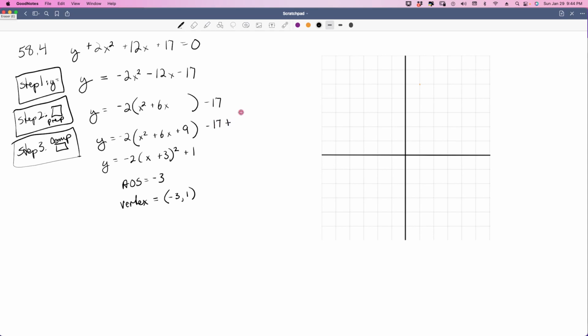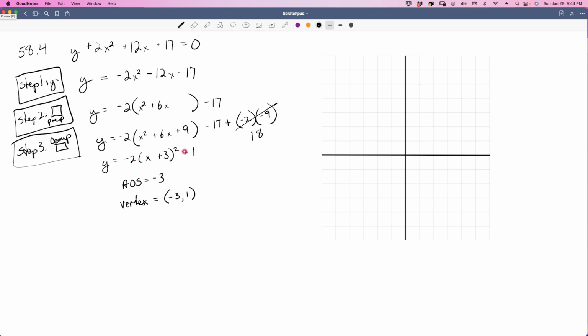You're going to add whatever that is, right? -2 and -9 together. Now, if this is a +9, then we know this would normally be a -9. But we have to apply the coefficient here, which would give us a +18. So that's 18 right there. So -17 plus 18 gives us a +1.